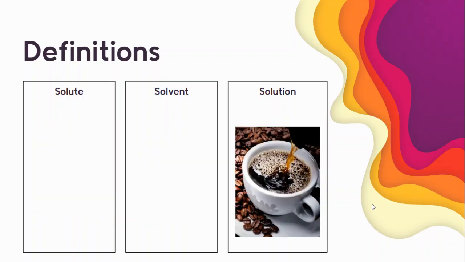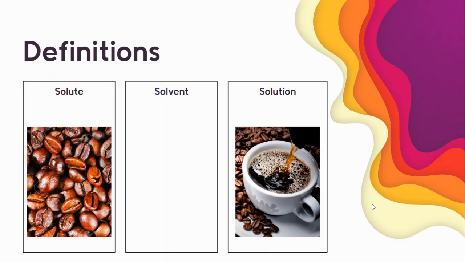The next one is coffee, black coffee, not that Starbucks stuff. The solute would be the coffee beans and the chemicals inside of the coffee beans. And the solvent, again, would be water.